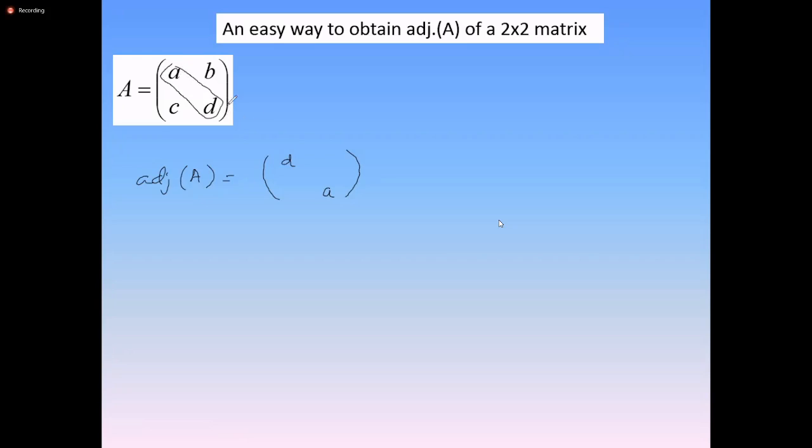If A is -5, here also -5. If D is 10, here D also 10. But in the other diagonal, what you have to do? Don't change their places, but change their signs. Here -B, here -C. So in the main diagonal, only the positions change without changing the sign. In the other diagonal, without changing the position, change only the sign.